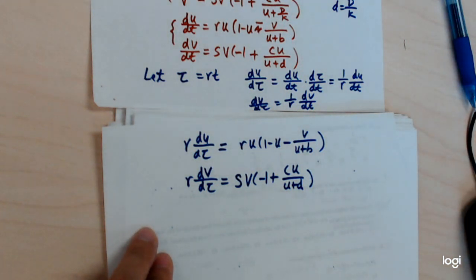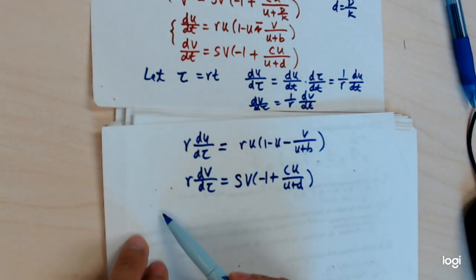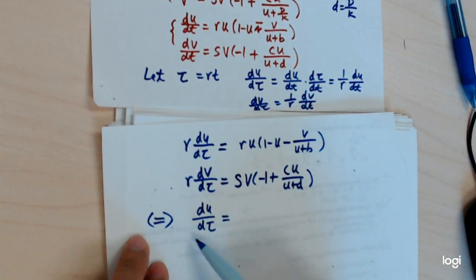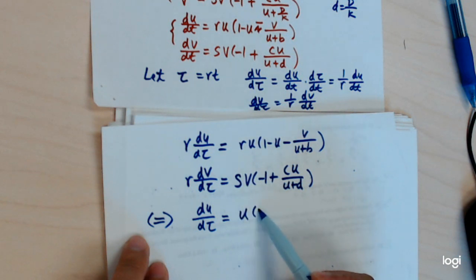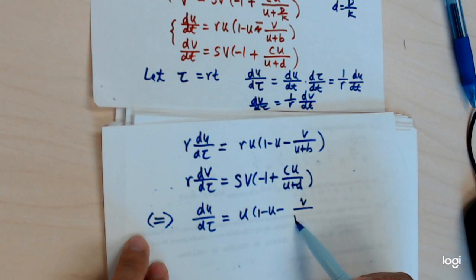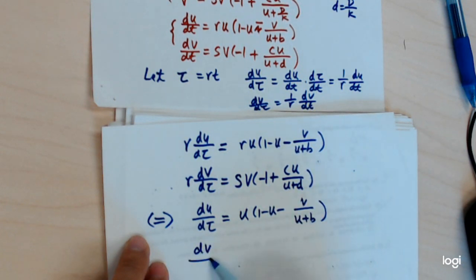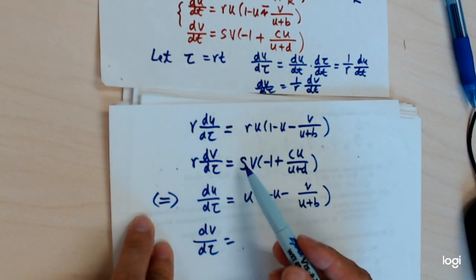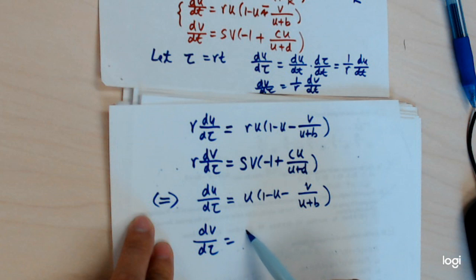So the final version that we're going to study is this. This is still the time variable, it's just rescaled. You see the r disappear from both sides? And then we're going to define s over r as rho.